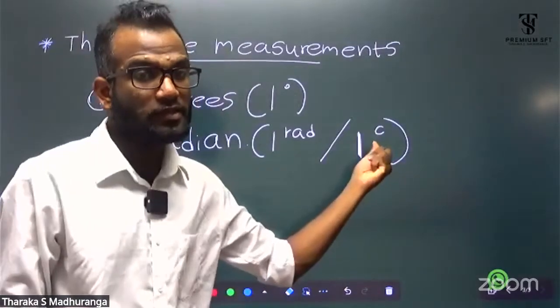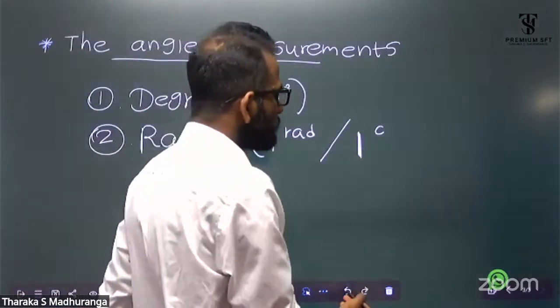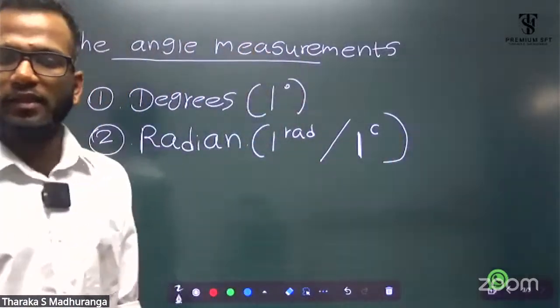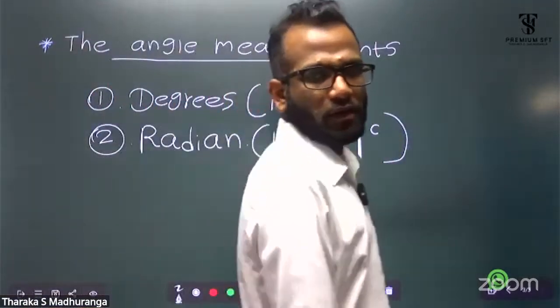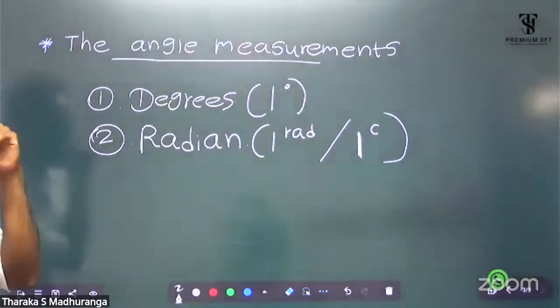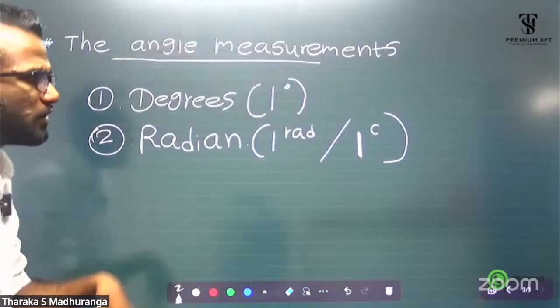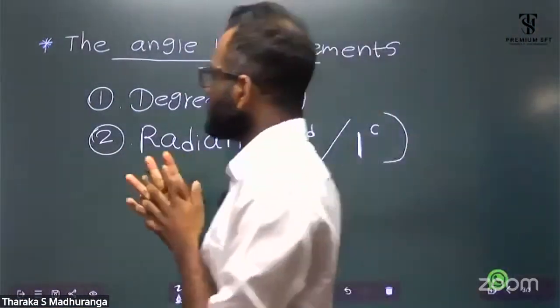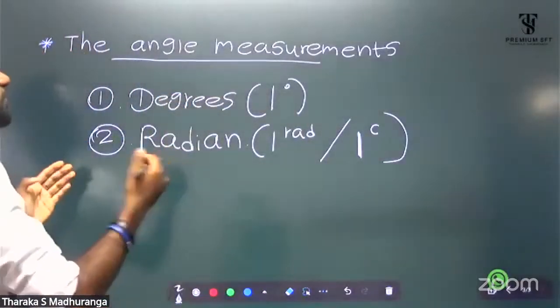It is not degrees. That one is also radian. I think you already know. I'm not going to explain these conversions fully; I'm going to make a summary of this part.